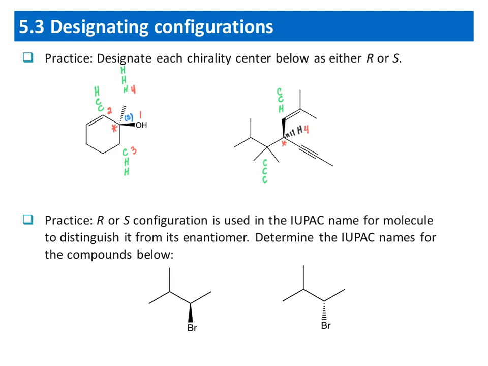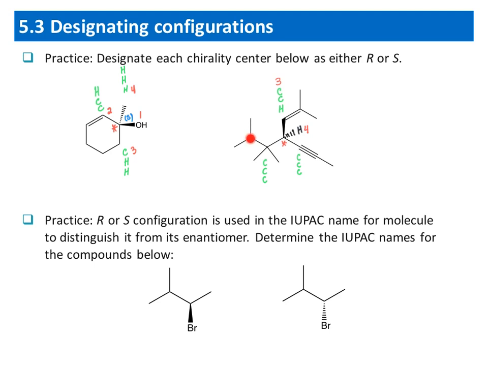Again, carbon, carbon, carbon. By looking at this pattern, obviously this carbon is our third priority because it has 2 carbons and 1 hydrogen. However, these two have 3 carbons. Now, between these two, we have a tie, so we need to move forward to the next carbon.